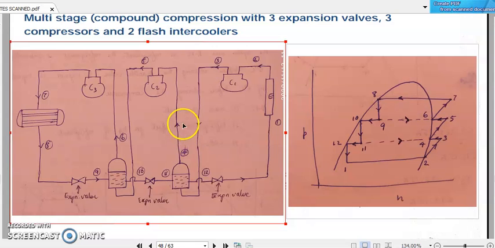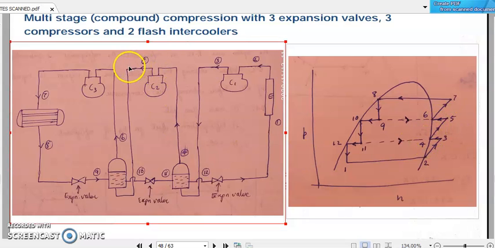After point 4, the refrigerant comes to the second compressor, C2, where it undergoes an isentropic compression process from 4 to 5. 4 to 5 is an isentropic compression process, an inclined line in the pressure enthalpy diagram.